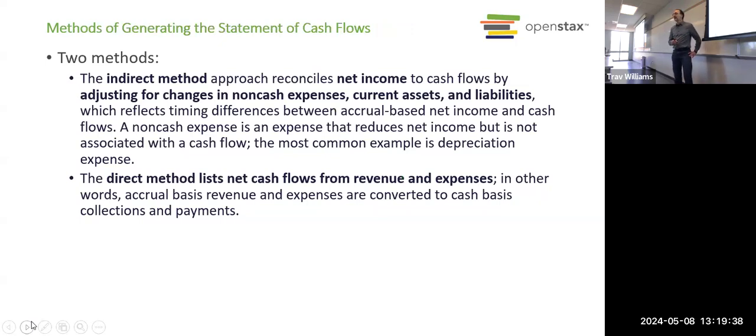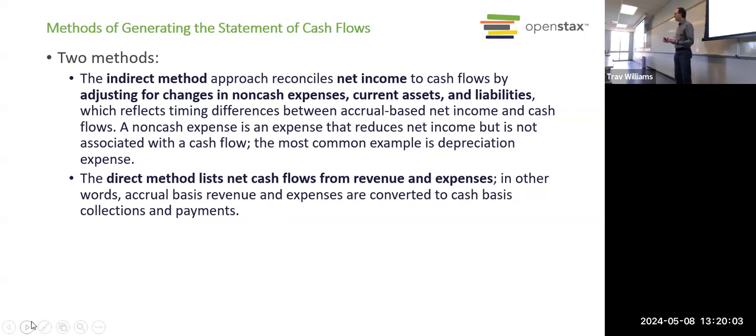So as I mentioned, there is an indirect method for the operating section, and there is a direct method. Now, operating cash flows are the majority of the cash flows for most companies, because it includes money you made from selling your product and money you spent running the company and making your product.